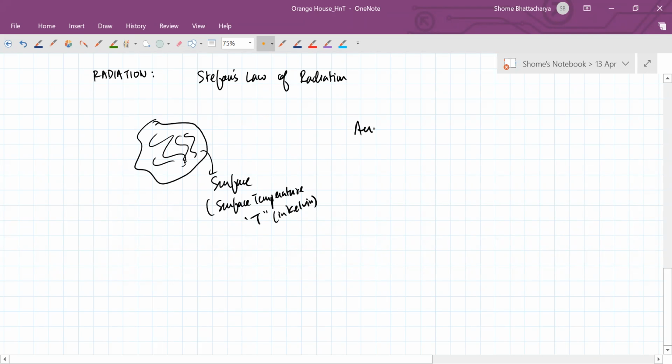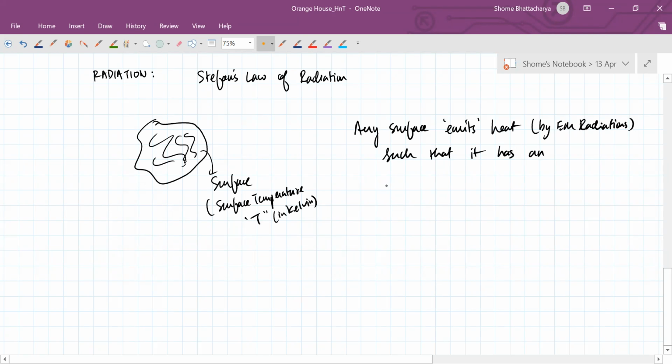So any surface emits heat by electromagnetic radiations such that it has something called emissive power.